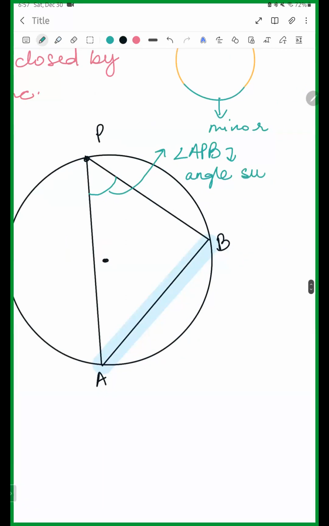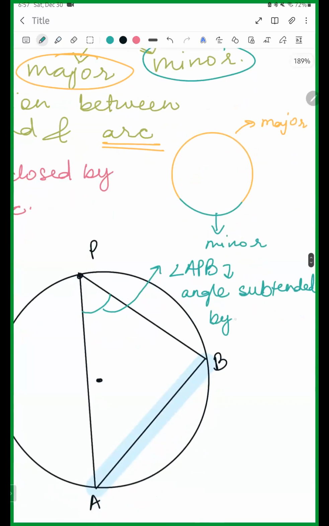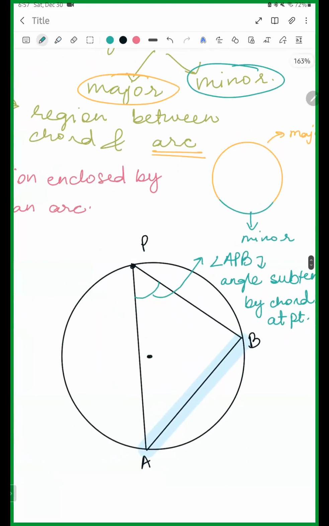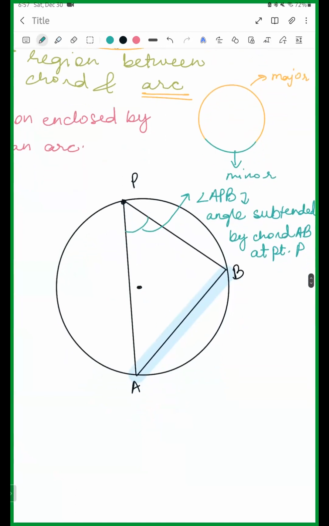Angle subtended, sorry, subtended by chord AB at point P. Okay. So this is a term that you guys need to get comfortable with. Angle subtended by something.